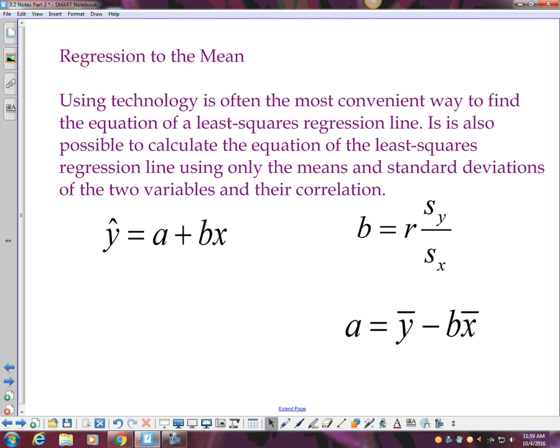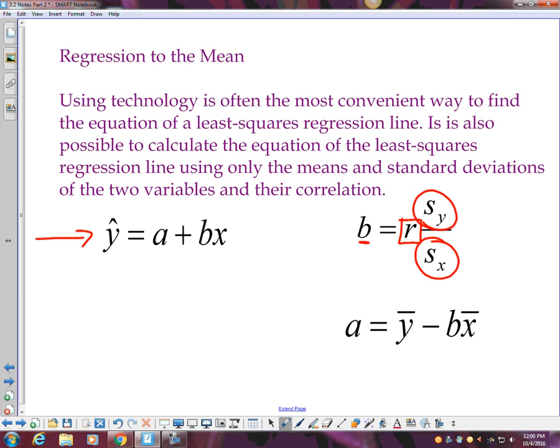So when it says that using technology is the most convenient way, that means typing in your data into L1, L2, and getting your prediction equation. But you can also get your prediction equation, your equation for y hat, if you know the standard deviation of your y's, the standard deviation of your x's, and your correlation coefficient.